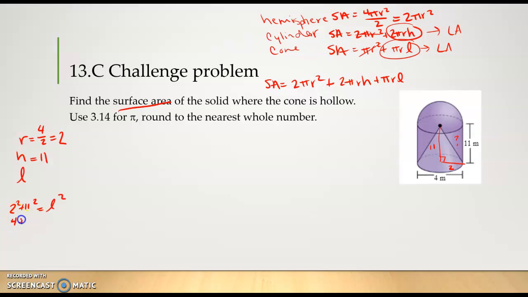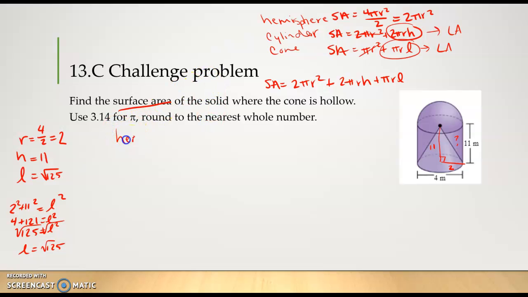So we have 4 plus 121, and that becomes 125. So L squared equals 125, and then we take the square root of both sides. So my L is the square root of 125, which is not a perfect square, so I'm going to leave it at that for now. Square root of 125 meters. So those are the pieces of information I need.